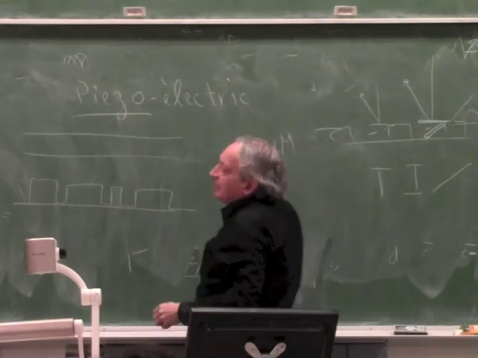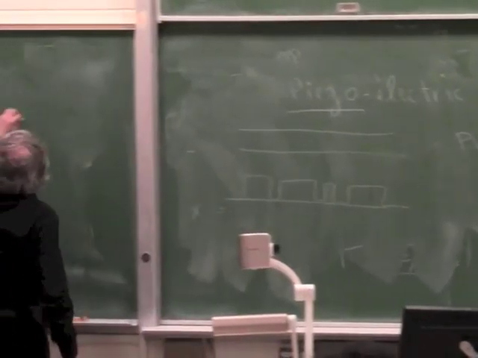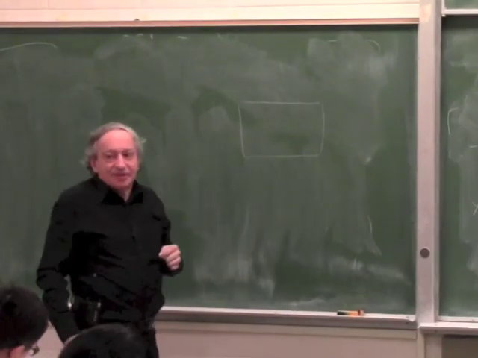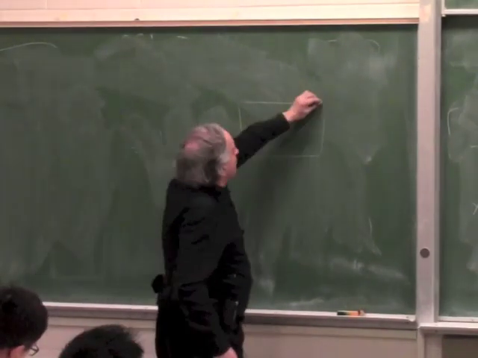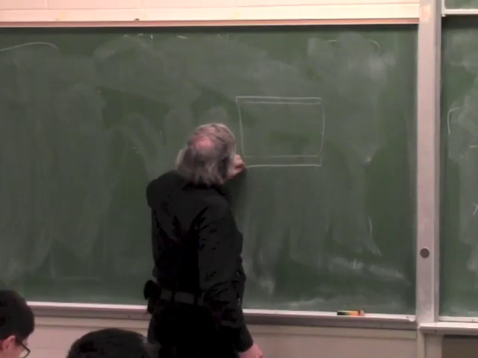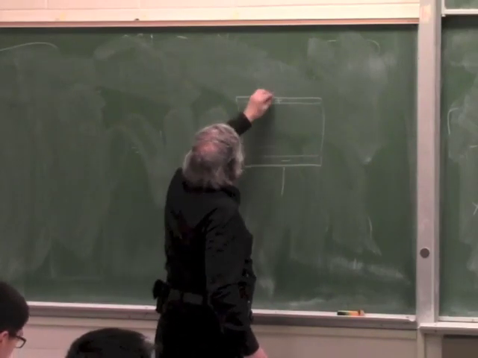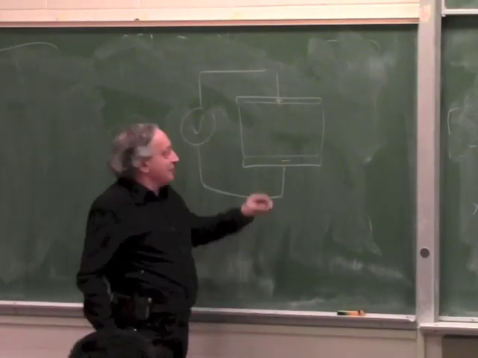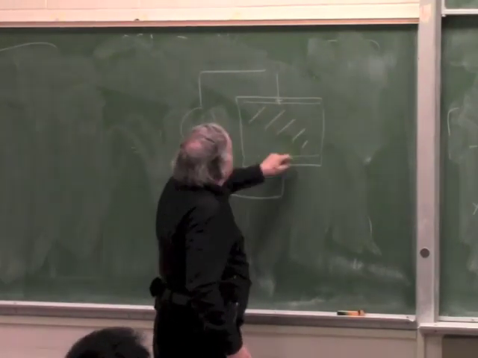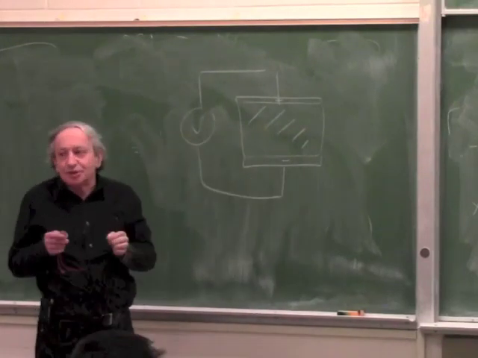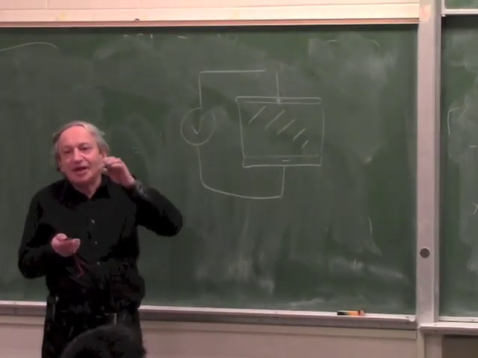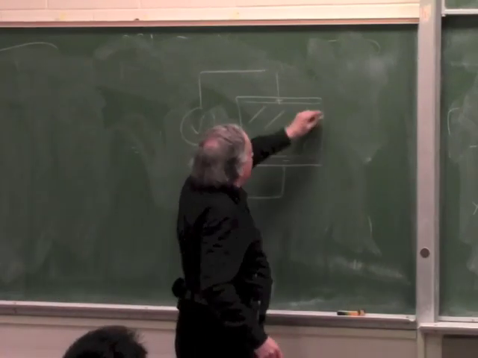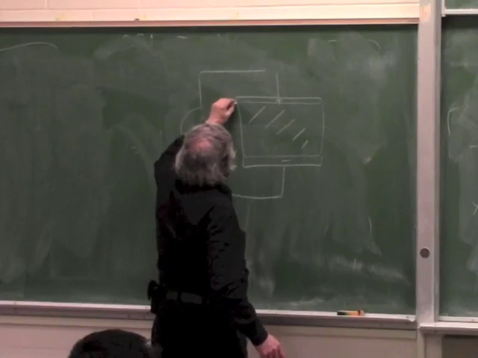The piezoelectric effect is: you take a piece of crystal, typically it's crystal material, you put 2 electrodes on it, let's say plus and minus, and when you put a voltage on it, it's voltage driven, not current driven, that crystal changes dimension. And depending on how you orient the crystal, you can make it change dimensions this way or this way.